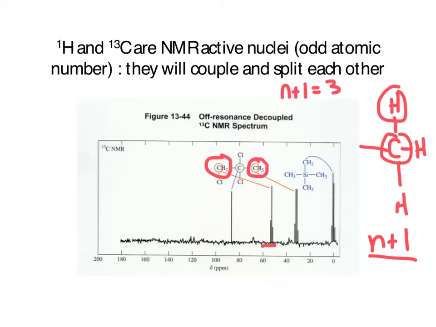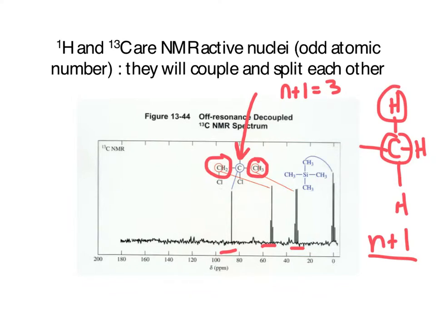The CH3 bonds to 3 hydrogens. N+1, we'd expect a quartet. Notice the carbon in the middle here has no hydrogens bonded to it. N+1 would be a singlet, and that's what we see. So you can get proton-carbon coupling. However, you tend to get very complicated NMR if you leave splitting on.